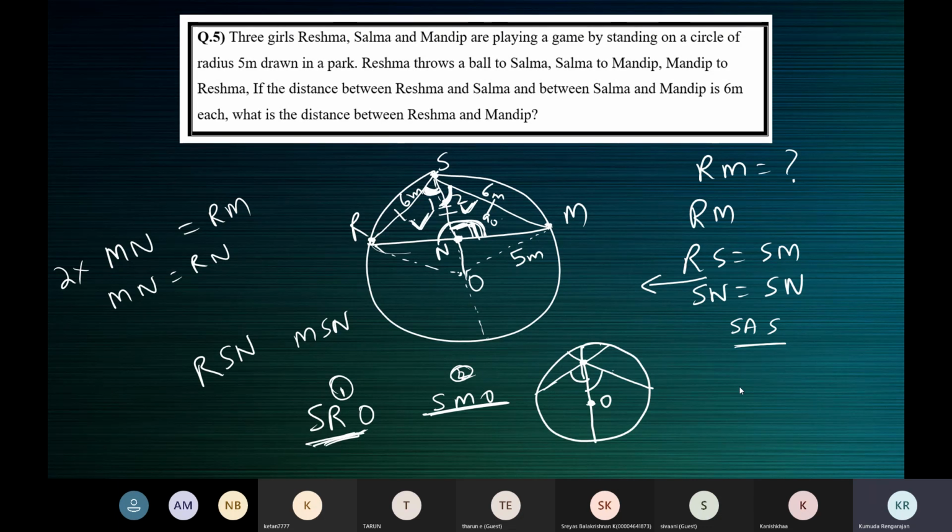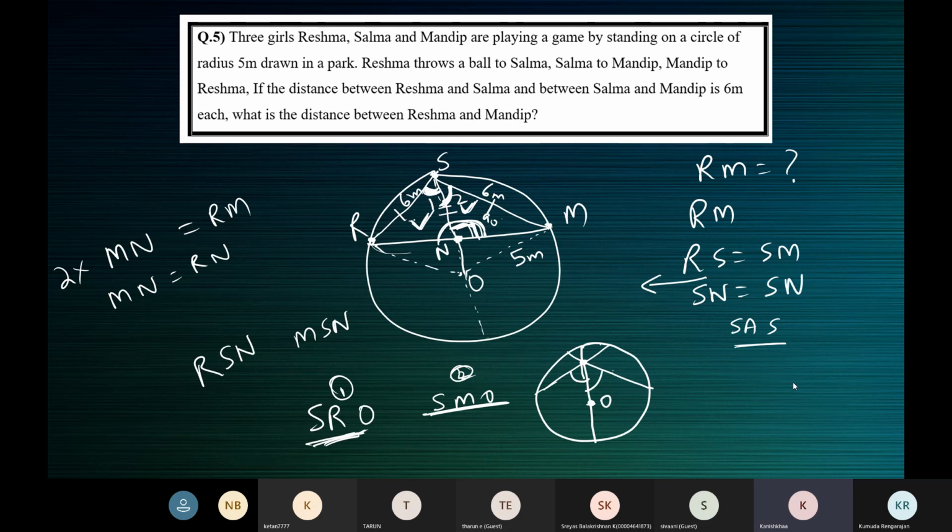And then which are the two triangles to be taken up? Now we got the result angle 1 is equal to angle 2, either through congruency or by stating the result. What's the next step? We need to take up two triangles and show that they are congruent. Which two triangles?